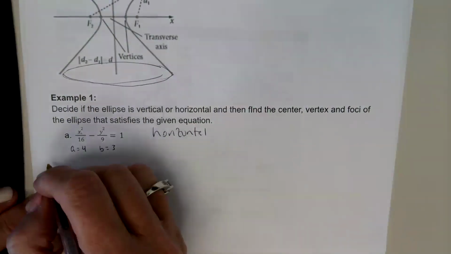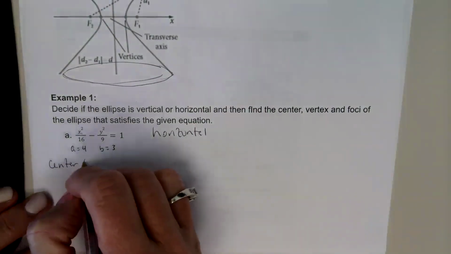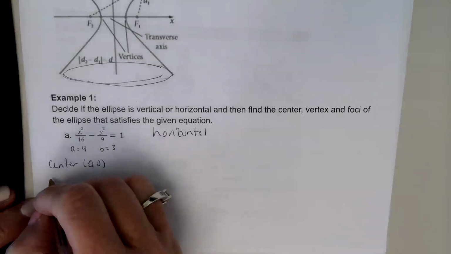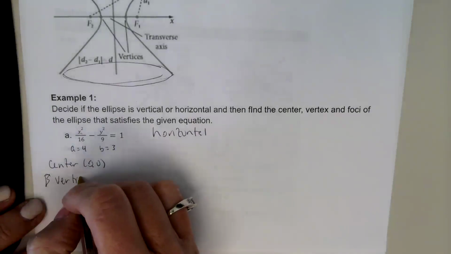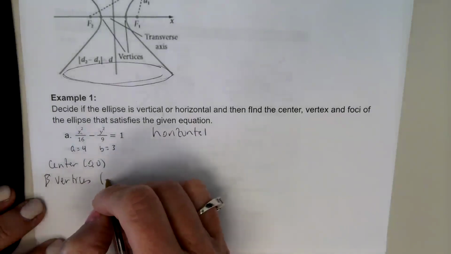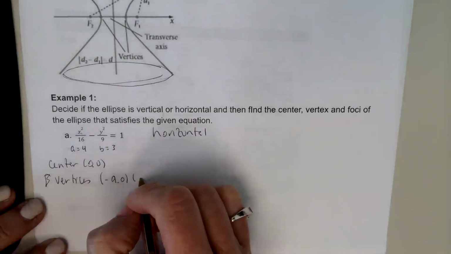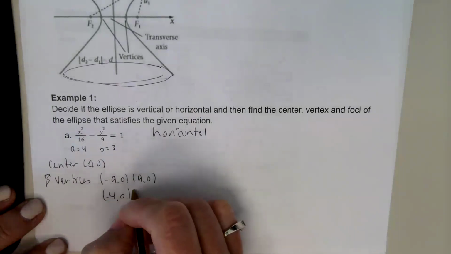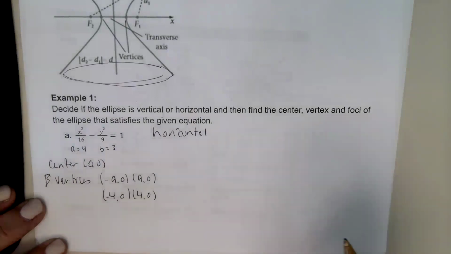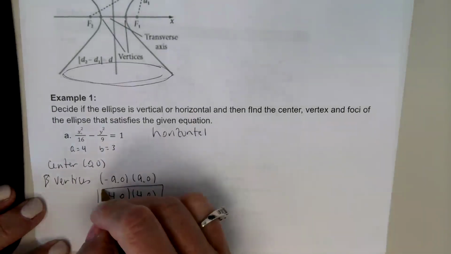And so on this one, our center is just at 0, 0. And our vertices are at a negative A, 0 and A, 0. So that would be a negative 4, 0 and 4, 0 on those.